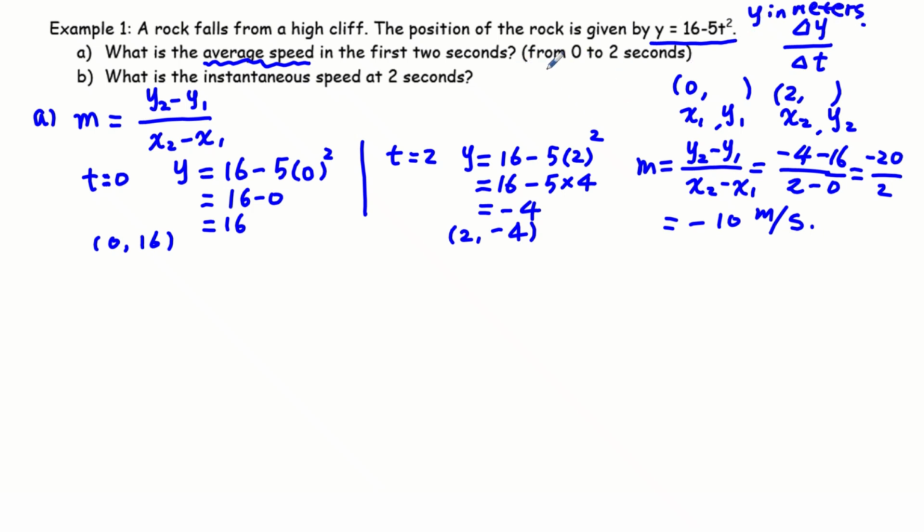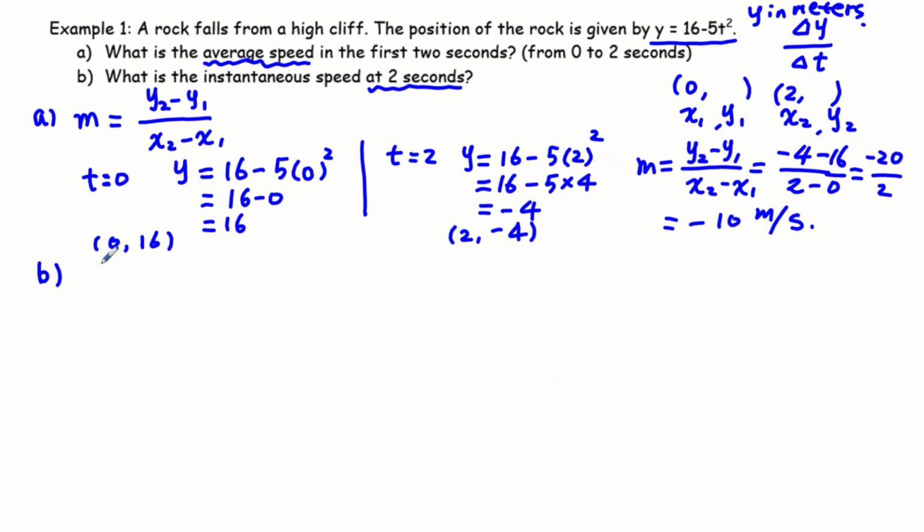Then the t is in seconds. So this is for average speed, rate of change. And question 2b, what's the instantaneous speed at 2 seconds? If it asks you to find the speed at one time, that is instantaneous, that is slope of tangent.